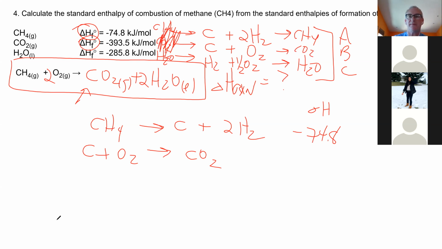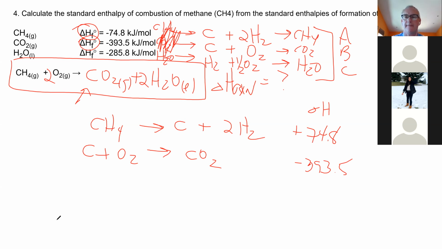So this first one has to be flipped, so that one's positive. Sorry about that. But the second one is the right way, so that's negative 393.5. Sorry, I've confused myself here. So now we need water as a product.